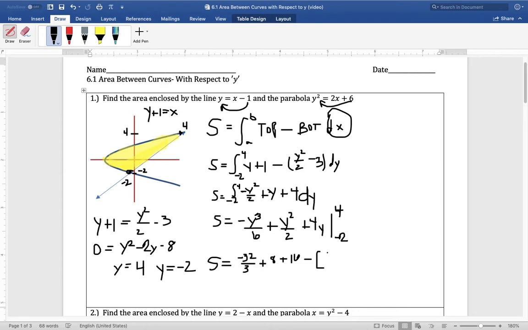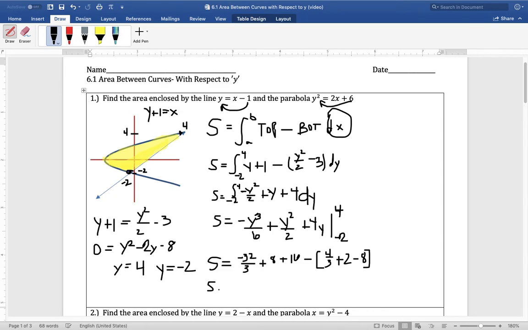Which will give you +8/6, which is 4/3, and then plus -2 squared over 2, which is 4 over 2, which is 2, and then 4 times -2 is -8.